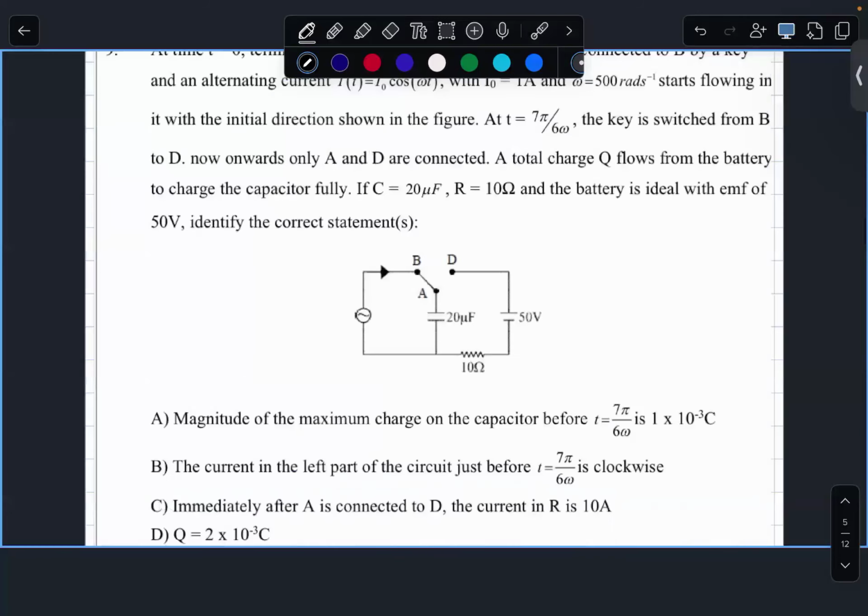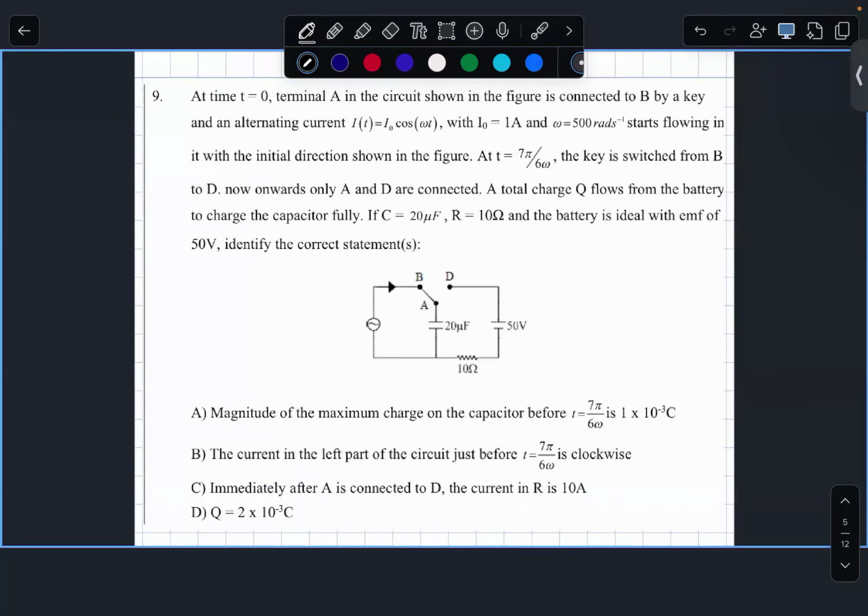Good. What do you want in this question? This is a combination. The only thing you need to understand is at time t equal to 0, terminal A in the circuit shown in the figure is connected to B by a key and an alternating current of 1 amp, omega 500 radians per second, starts flowing in a pure capacitor circuit.